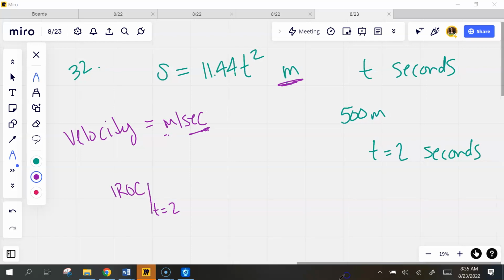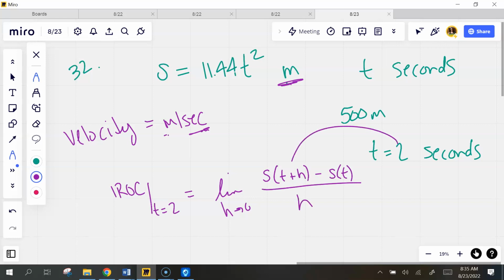All right, so let's do it. That's the limit as h goes to 0 of s of t plus h minus s of t all over h, but my t is 2.